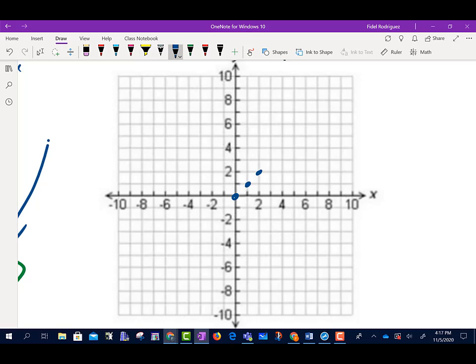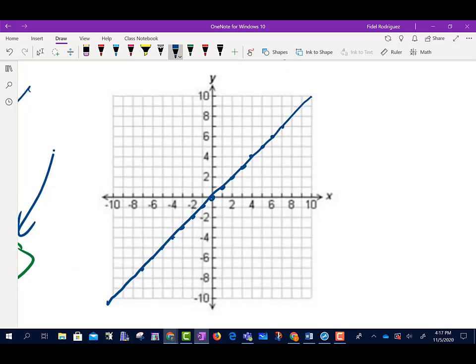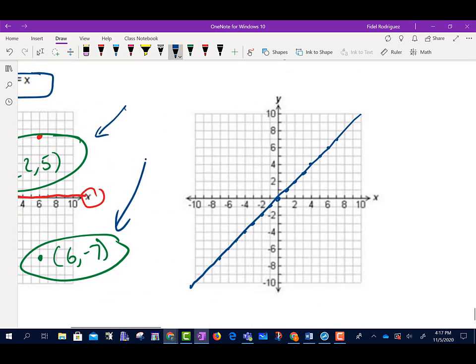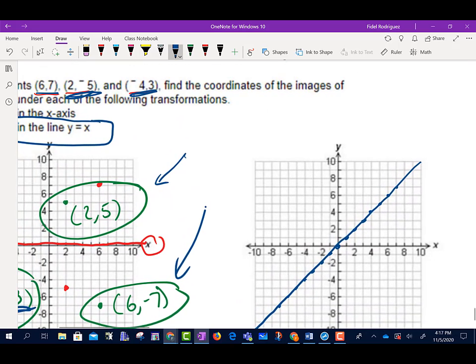I'm going to keep doing this so that I can get an accurate picture of what my line is going to look like. All right, and now we're going to connect the dots. Okay, perfect.